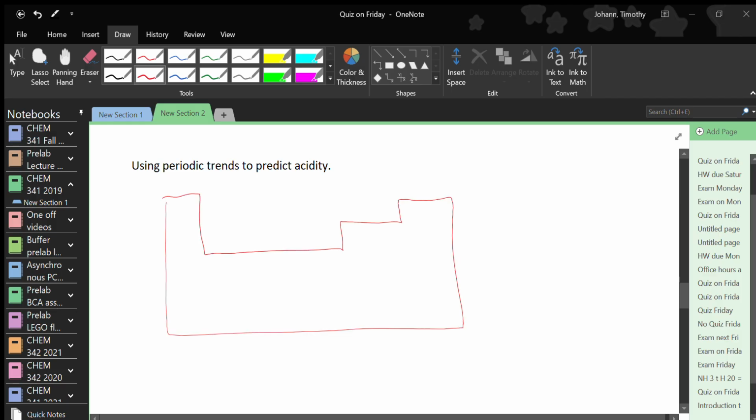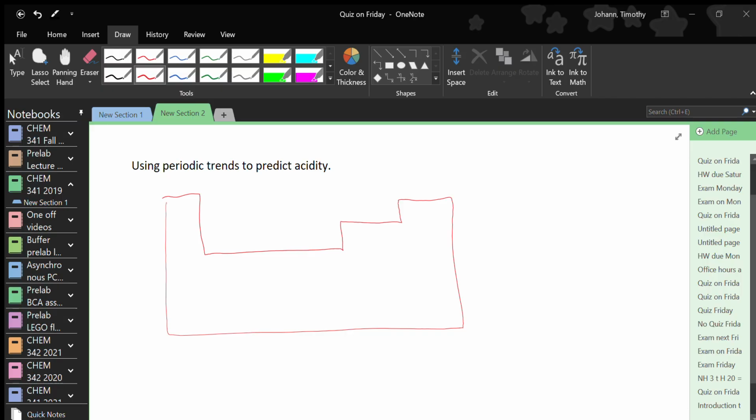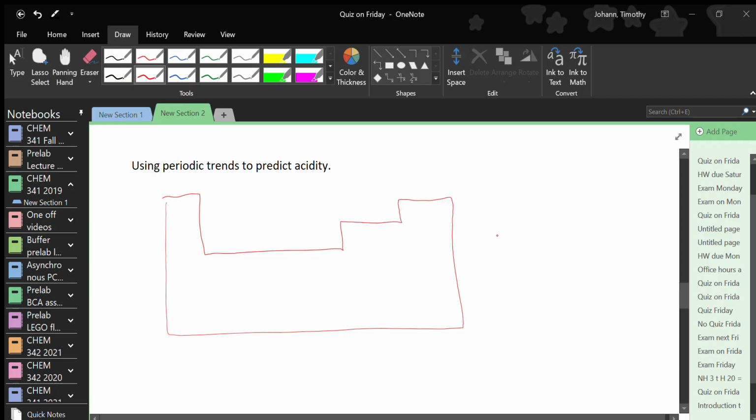All right. And so when you look at the periodic table, as you go across to the right, and this is all looking at the conjugate base, things become more acidic in this direction, and they become more acidic in this direction.